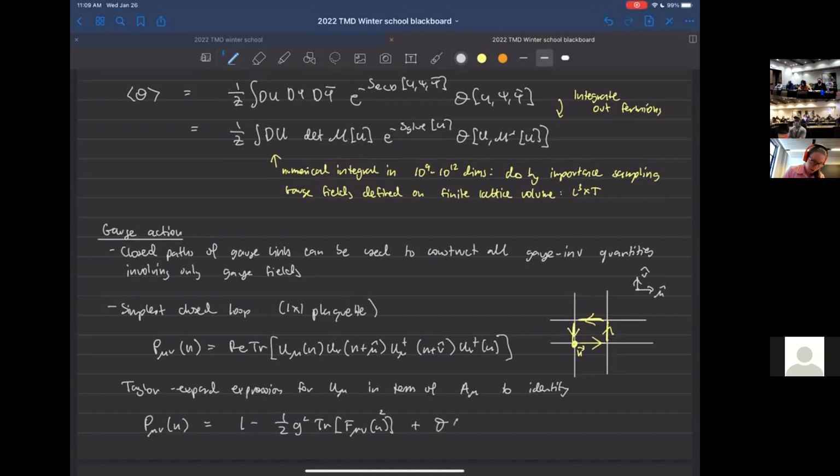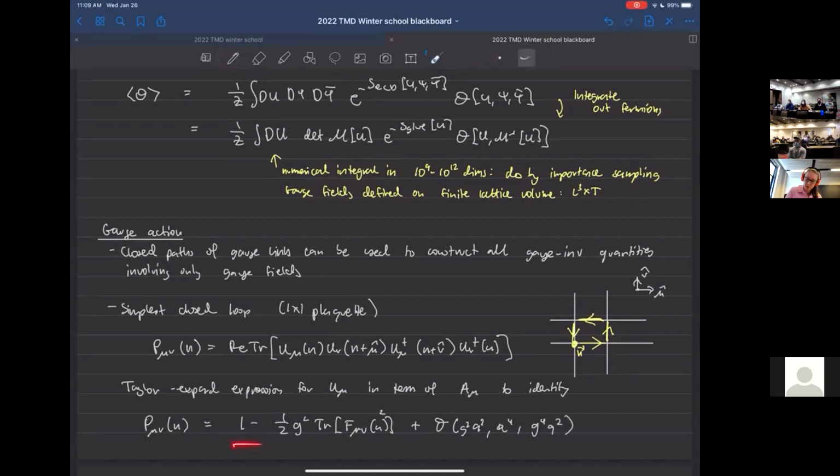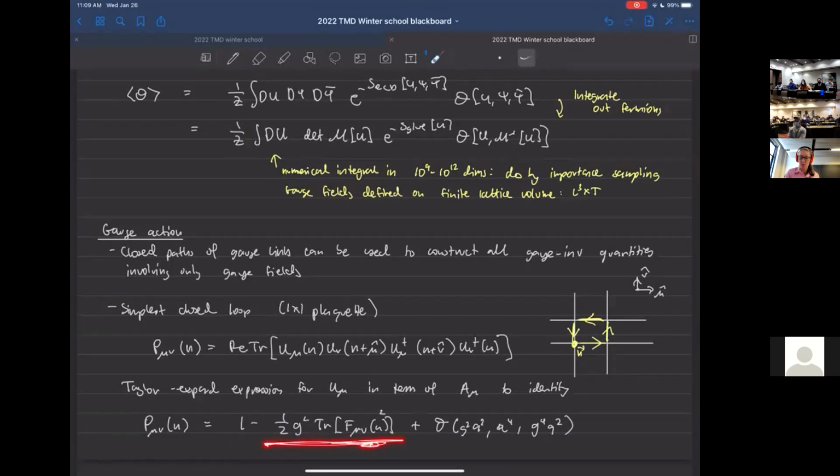Where we can identify that field strength tensor here. So the plaquette ends up looking like 1 minus some constants in terms of the field strength tensor. We were looking for exactly a quarter F mu nu. So we have our F mu nu here.